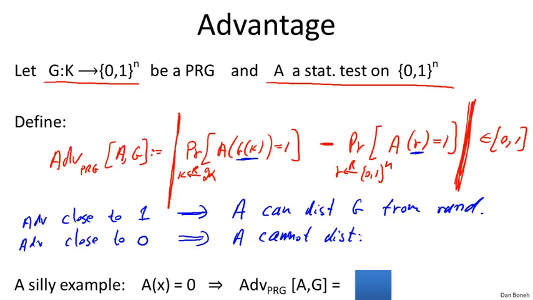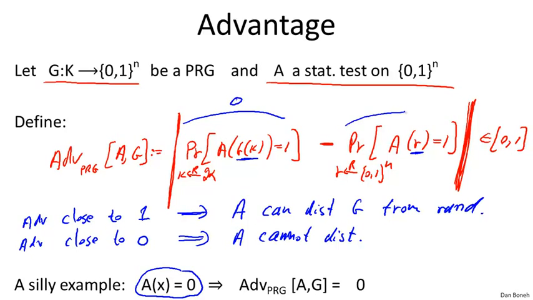Suppose we have a statistical test A that simply ignores its inputs and always outputs 0. What do you think is the advantage of the statistical test relative to a generator G? I hope everybody said the advantage is 0. Let me explain why. If the statistical test always outputs 0, then when we give it pseudo-random input, it will never output 1, so the probability that it outputs 1 is 0.